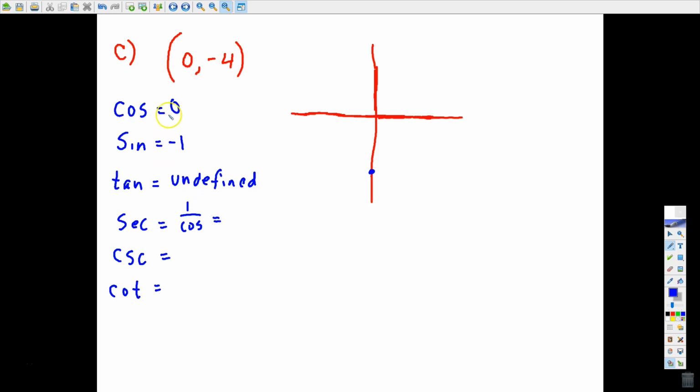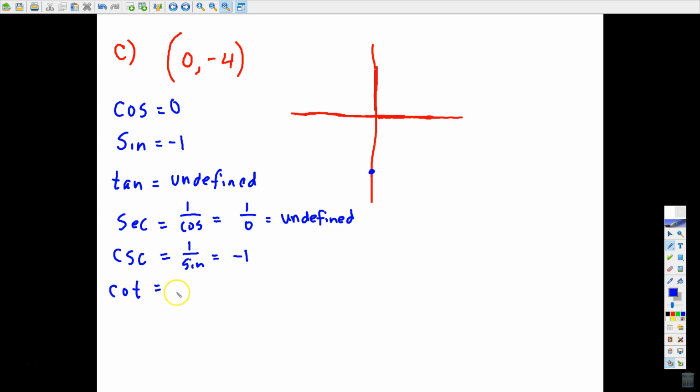And if we take 1 over 0, which is what cosine is, then obviously we can't divide by 0, so in this case secant is also undefined. Cosecant is the inverse of sine, and using the same line of thinking, cosecant could be thought of as 1 over sine. And 1 divided by -1 is -1, so cosecant in this case is -1.